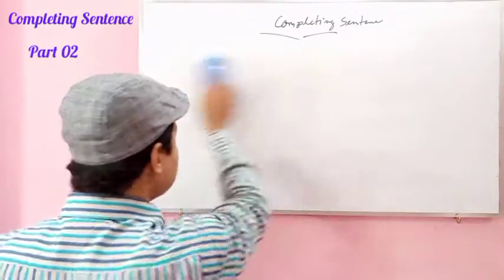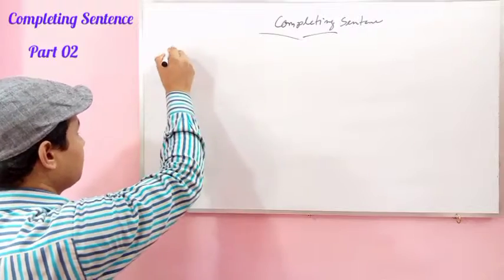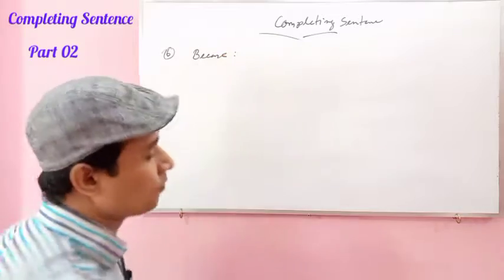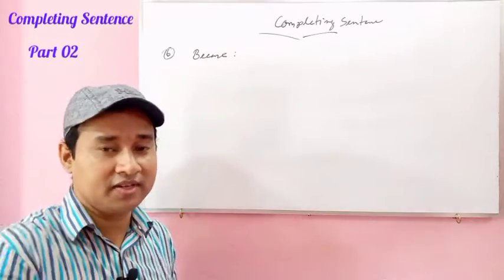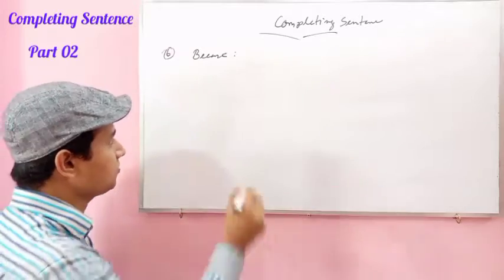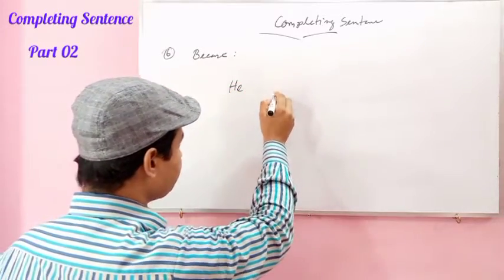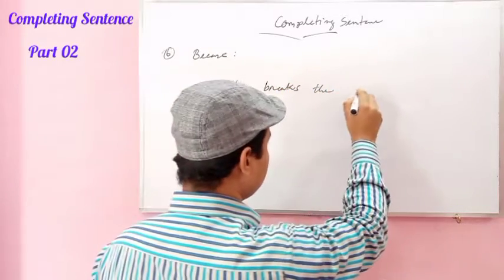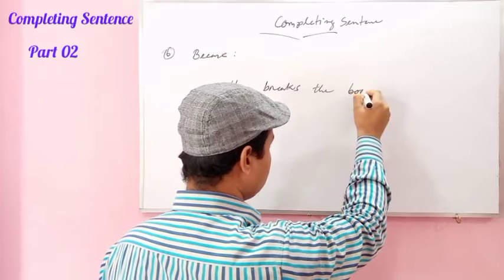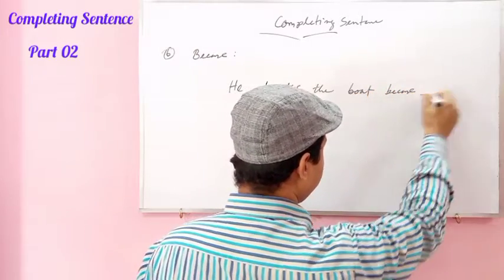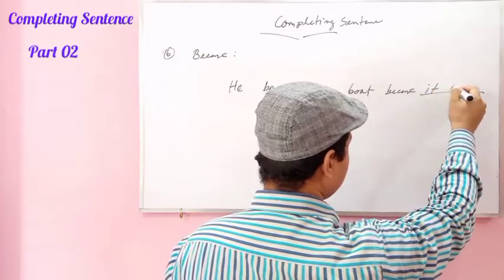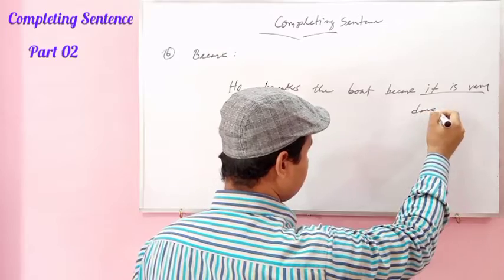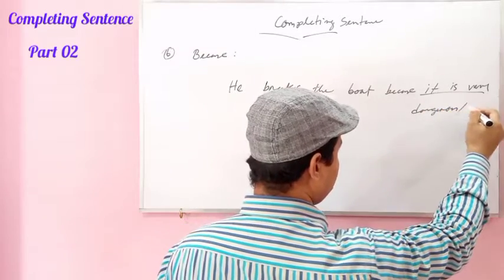The sixth technique is using because. When you find a sentence which expresses the reason, you will give because. That means, he breaks the boat because it is very dangerous, or very old.